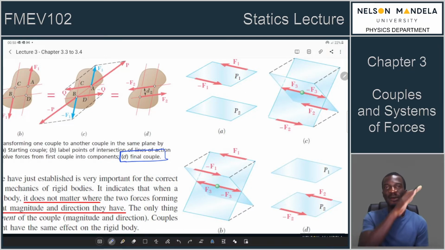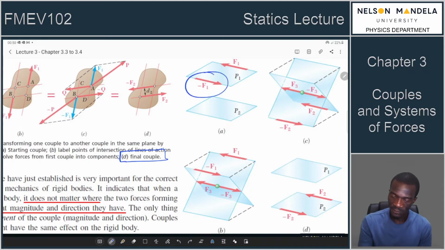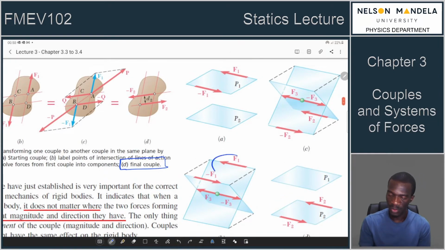So it is now a plane that is at an angle. We still have the force F1 on that plane, which is the negative F1. We also have the positive F1 on that plane, on the same point at which that force was acting.